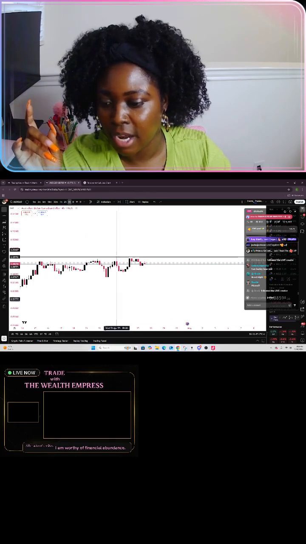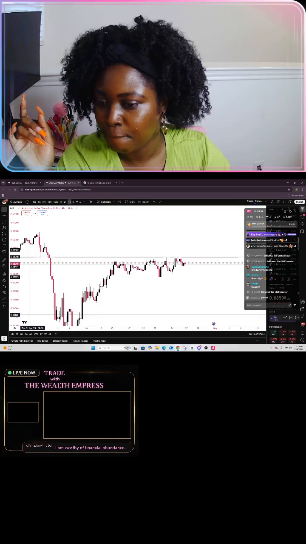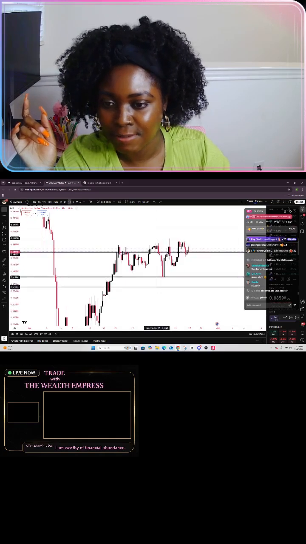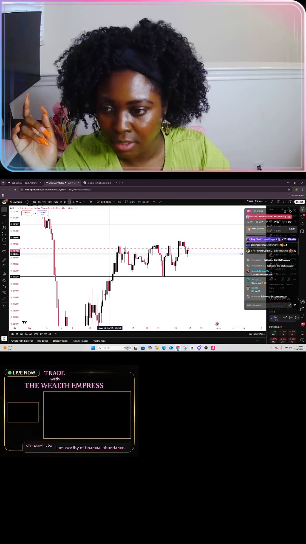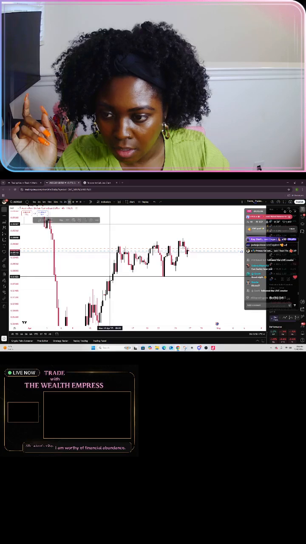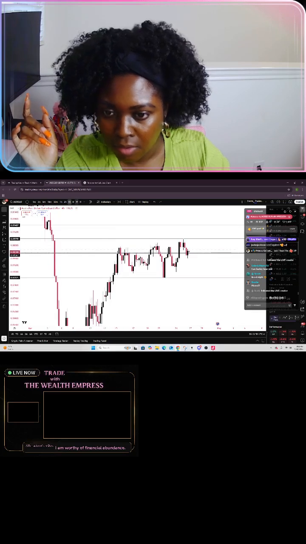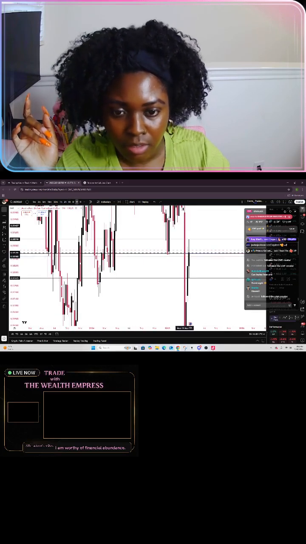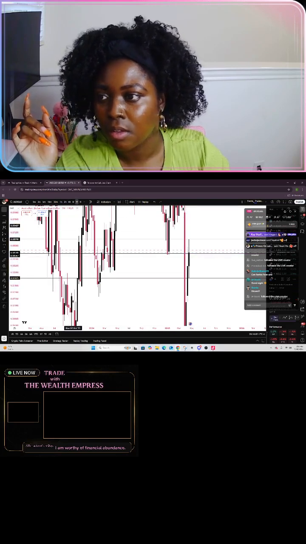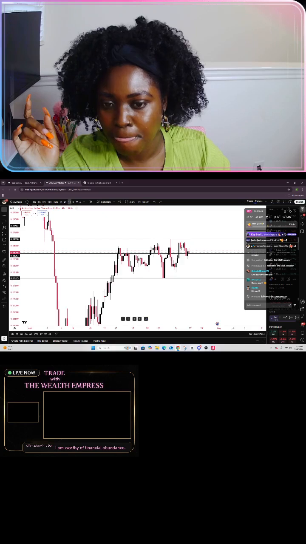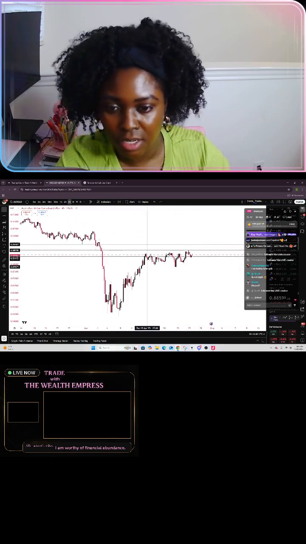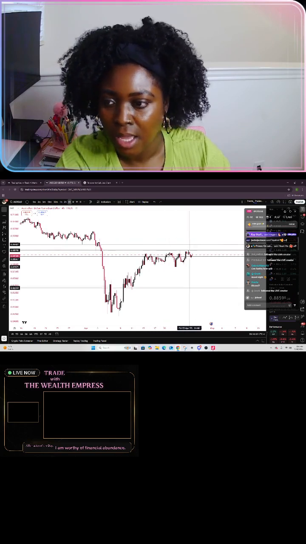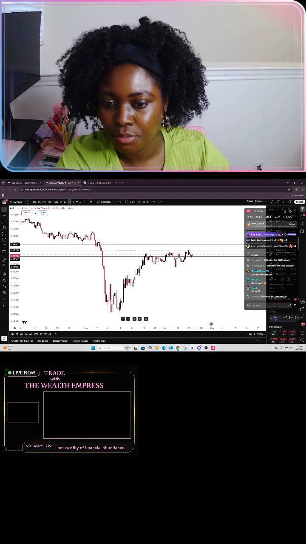All right, so we're going to go down to the 4 hour. And let's see what we can see on this 4 hour. Hold on. I see a purple line back there. There it is. And on the 4 hour, y'all can see consolidation. Consolidation.